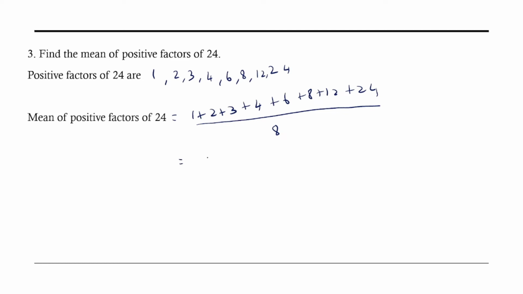So when we add all these, we will get 60 by 8. So let us divide by 4. So it is 15 by 2. This is equal to 7.5. So the mean of positive factors of 24 is equal to 7.5.